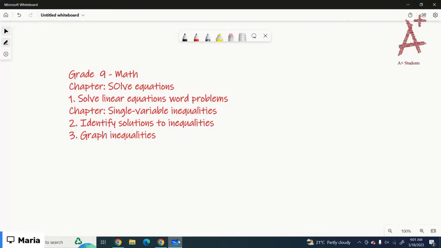So, we're going to start with grade 9 maths. You can find all the lessons on aplusstudents.com.